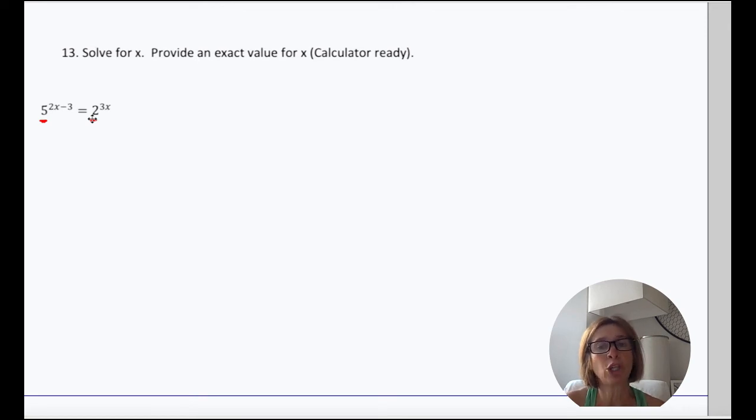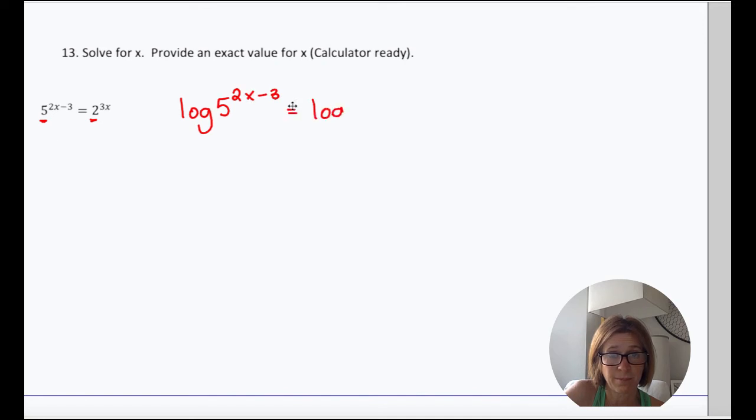So remember, the log function is an operation, right? It's a symbol. It is not a word. So to solve, you have to undo the exponent using the inverse operation, which is a log. So I'm going to take the log of both sides. Okay, now I'm going to use the power properties to help me.